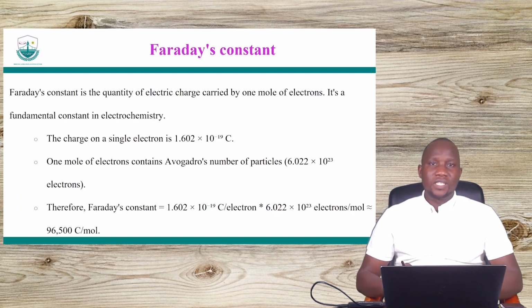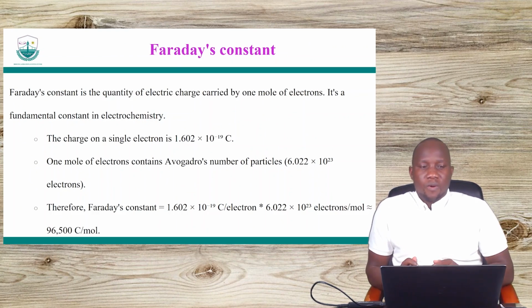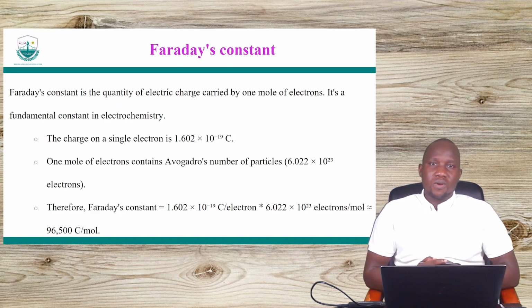So Faraday's constant, we talked about this earlier on. We hinted on it, but let's get it more here. We are saying that the quantity of electric charge carried by 1 mole of electrons is what we call Faraday's constant, and that constant is very important.